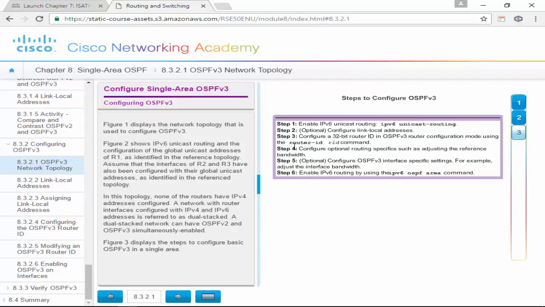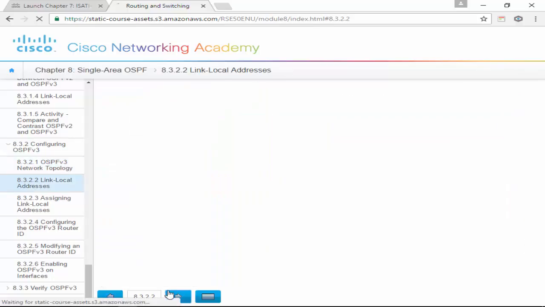And then the number. And then we'd go in the router ID and assign it. And this is an IP version 6 address. This is still the same as what we were doing before. And then we could adjust the reference bandwidth if we wanted to. But then we go into each interface and we just say IP version 6 OSPF and the area command. And then it puts it in an area and it's going to work.